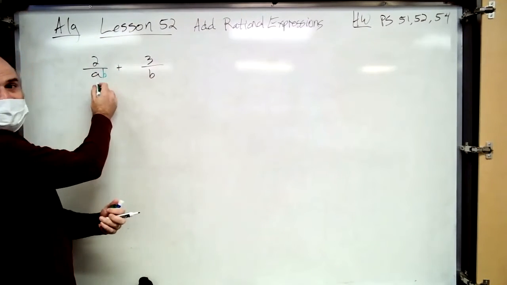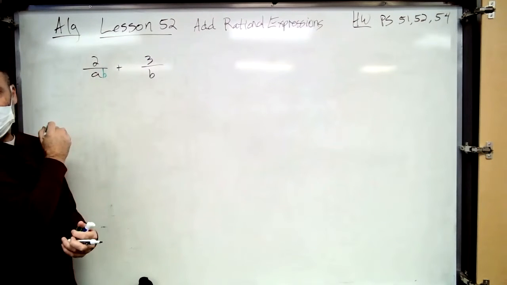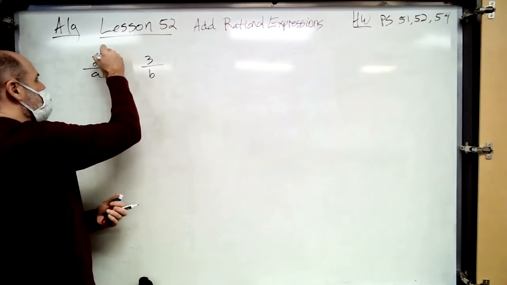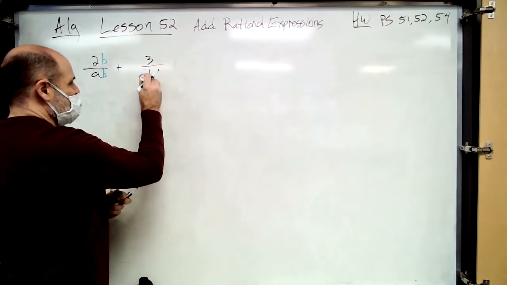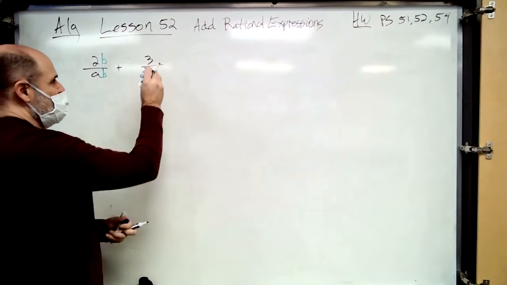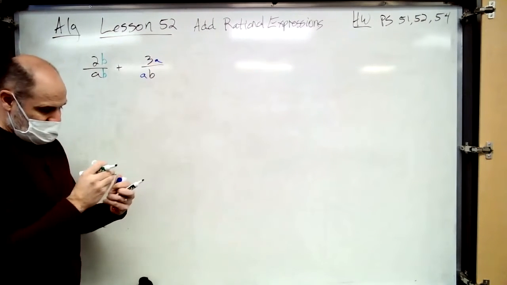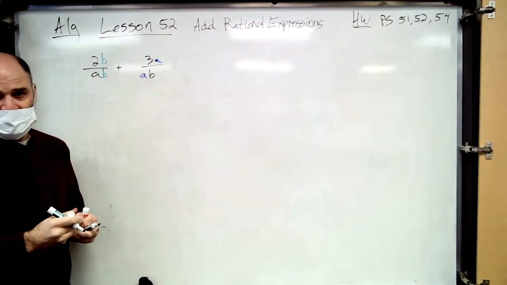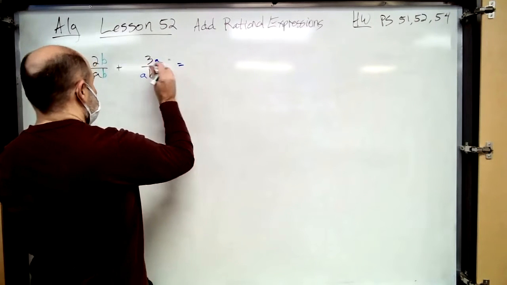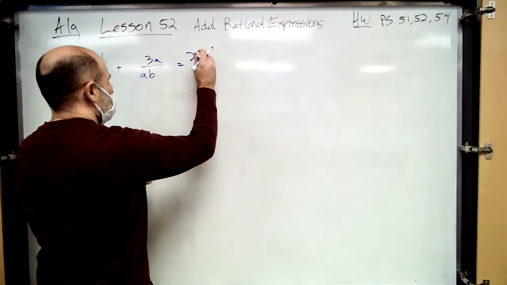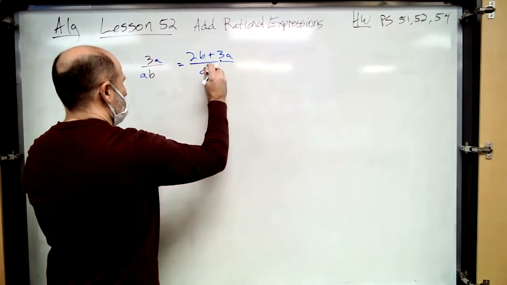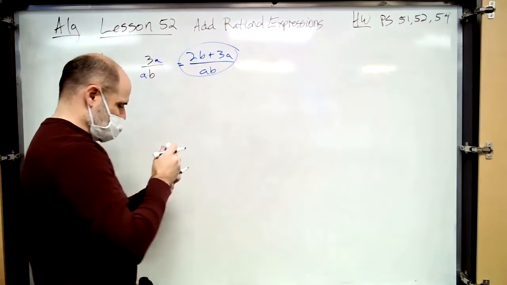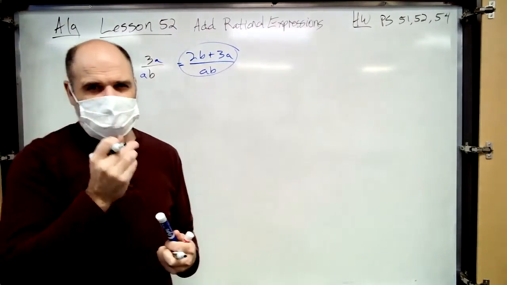So if I multiply the bottom by B, I have to multiply the top by B, right? So there's my new numerator for that one. And I need an A to make that an AB. So that's 3A on top. Does that make sense? Okay, so your answer is going to be 2B plus 3A. Now that you have the same denominator, you can add the numerators. And that's it. Remember doing that?